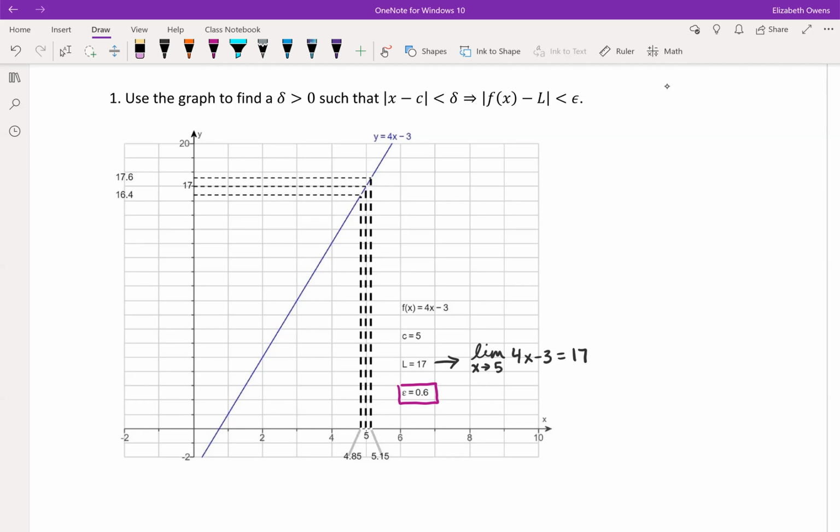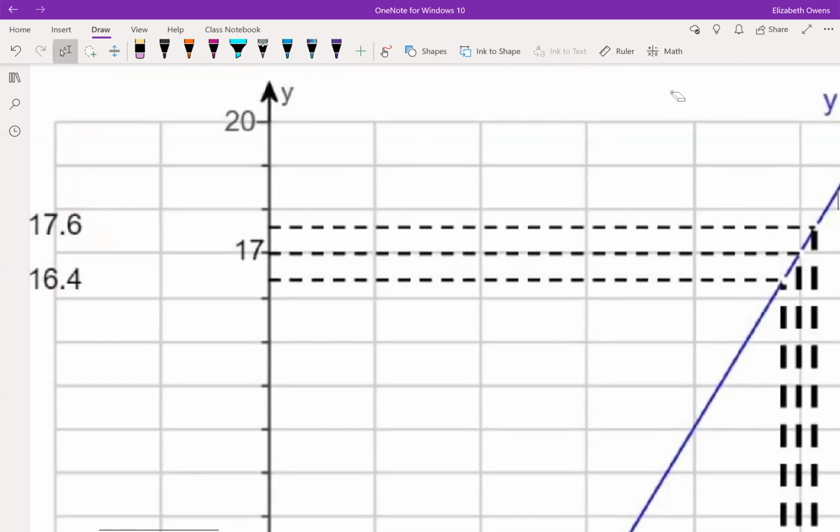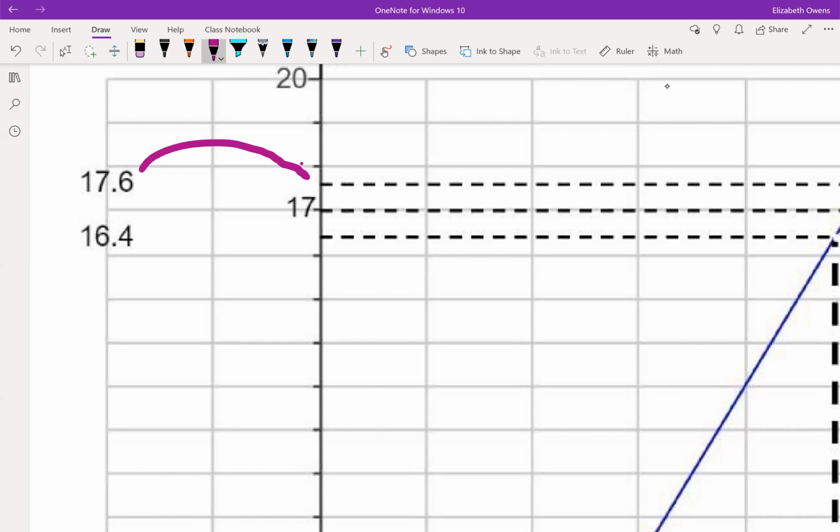Okay, so zooming in on our y-axis here, you can actually see epsilon at play. They're telling us this top value here is 17.6. Notice that that is literally L plus epsilon, because 17 is our L value, epsilon was 0.6, so that top value is L plus epsilon.